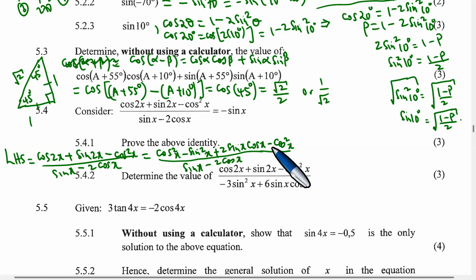Cosine squared minus cosine squared, they cancel out. And they leave us with minus sine squared x plus sine x cosine x. You divide everything by sine x minus 2 cosine x.